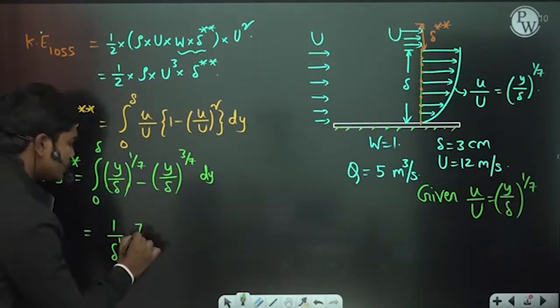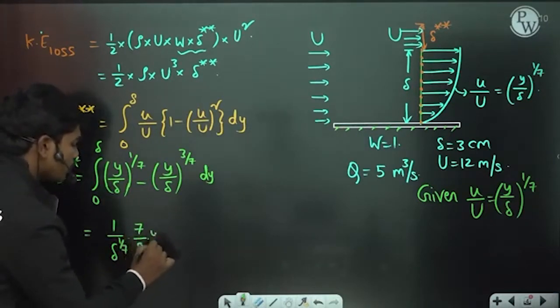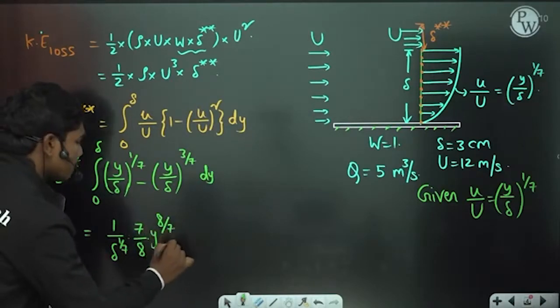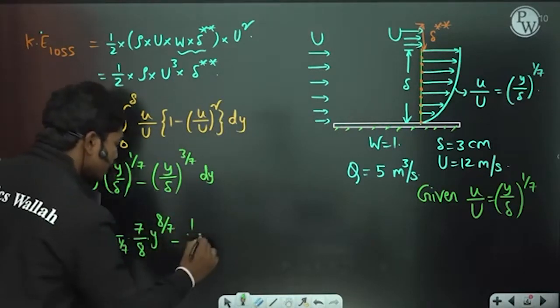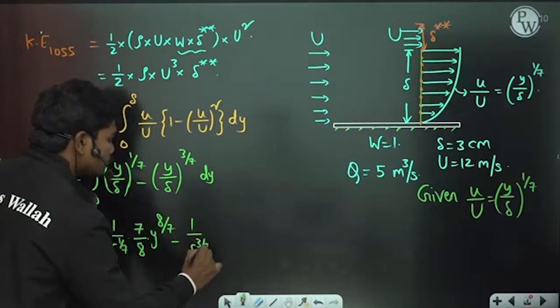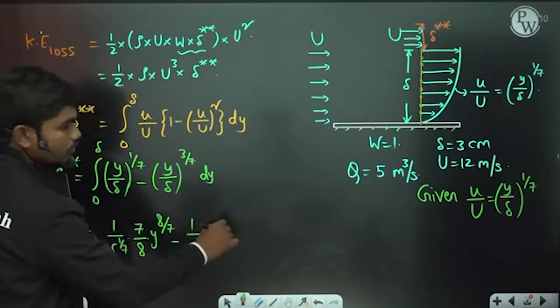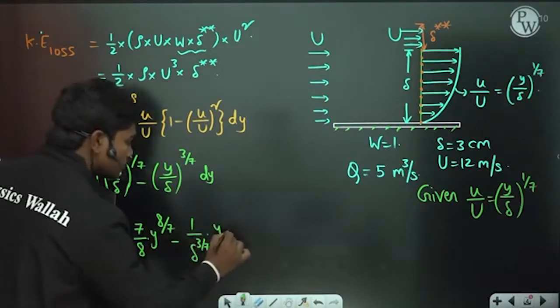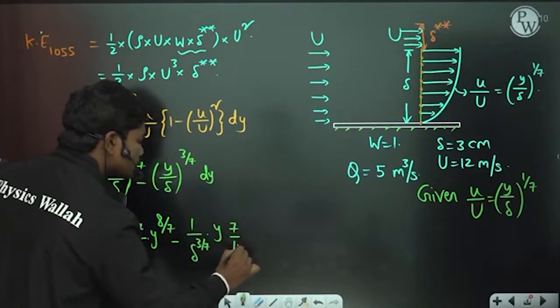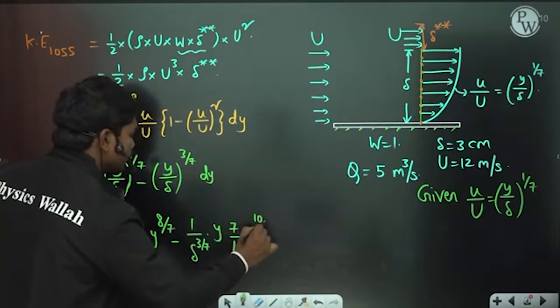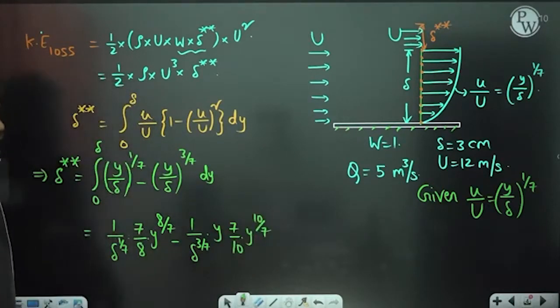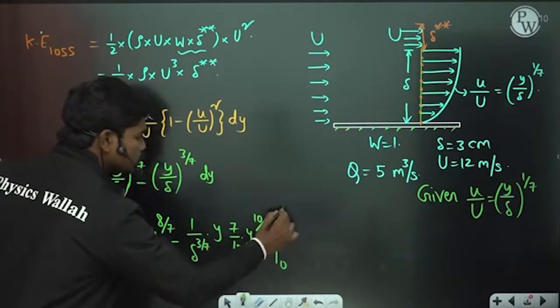So totally it is 7 by 8 times y to the power 8 by 7, minus, coming to here, 1 by delta power 3 by 7 times y power 3 by 7 plus 1 divided by 3 by 7 plus 1, so total 7 by 10 times y power 10 by 7. This is what we have, with the value taken within the limits 0 to delta.